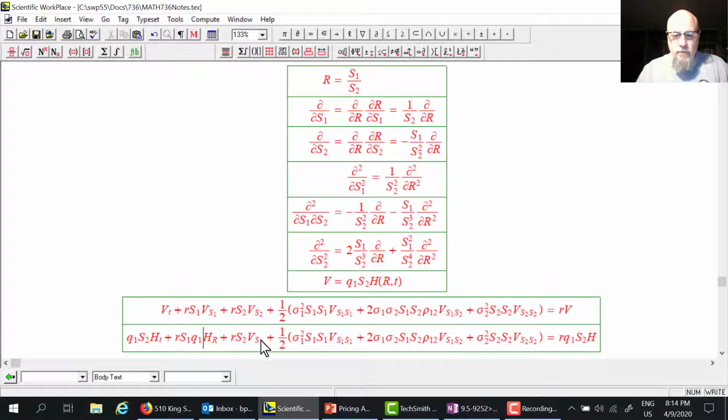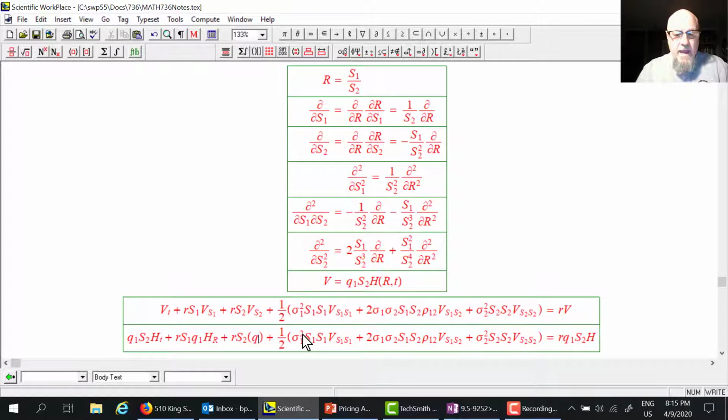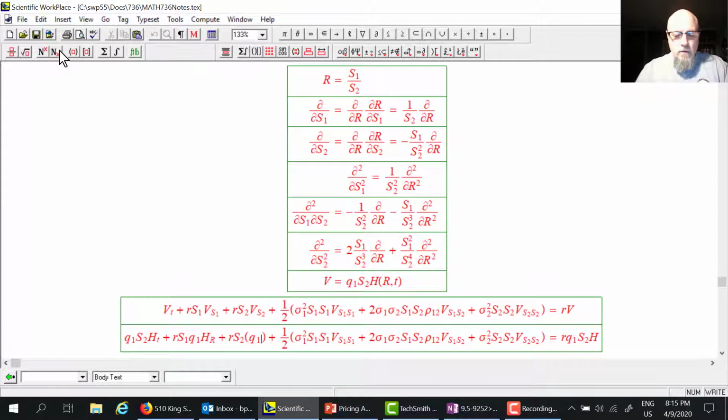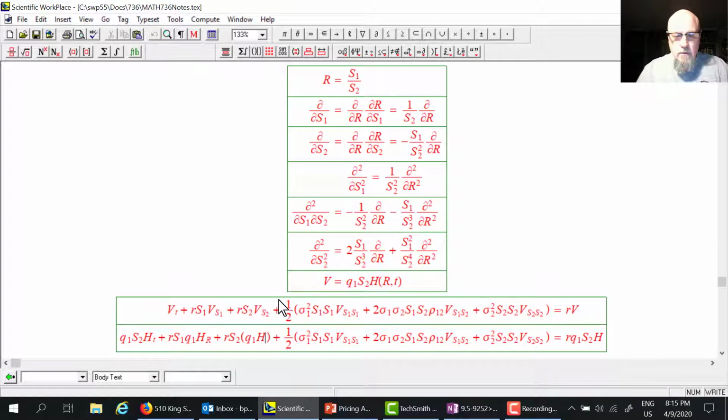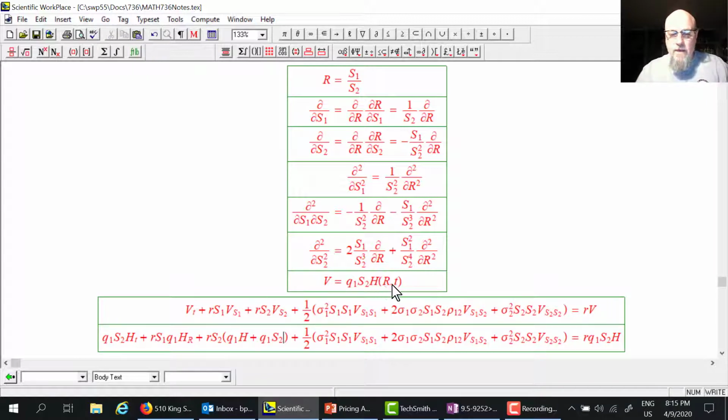So now the derivative with respect to S2. Okay, if I'm differentiating V with respect to S2, differentiating this with respect to S2, that's going to be Q1 H, I'm doing product rule, Q1 H plus Q1 S2 times the derivative of H with respect to S2.